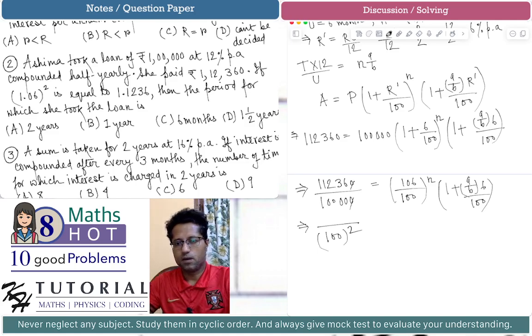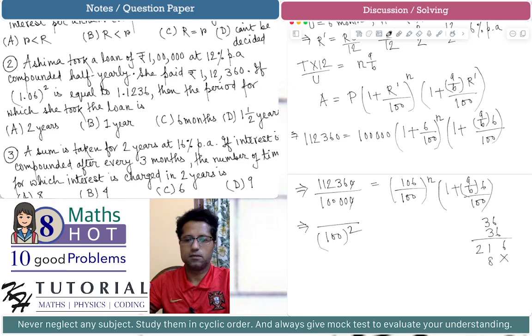Now let me check if 36 squared is equal to 11236 or not.